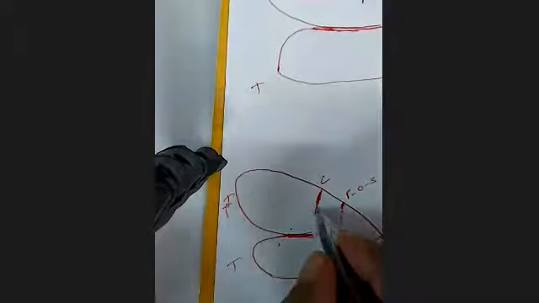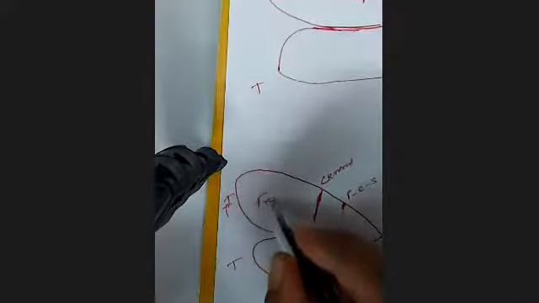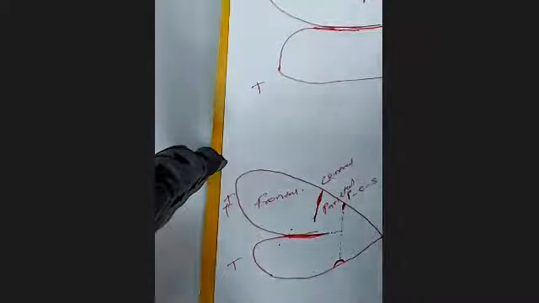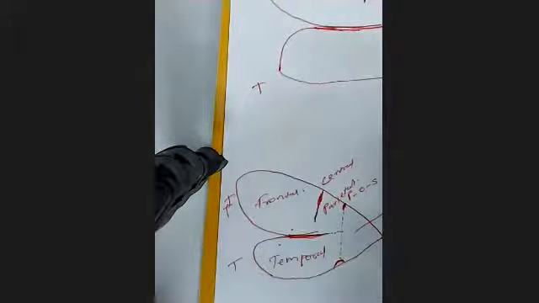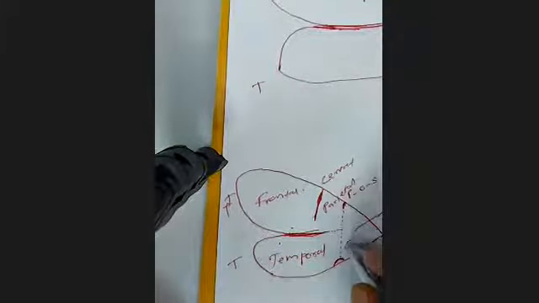Ahead of the central sulcus is the frontal lobe. Between the central sulcus and this imaginary line is the parietal lobe. Behind this imaginary line is the occipital lobe, and this is the temporal lobe.